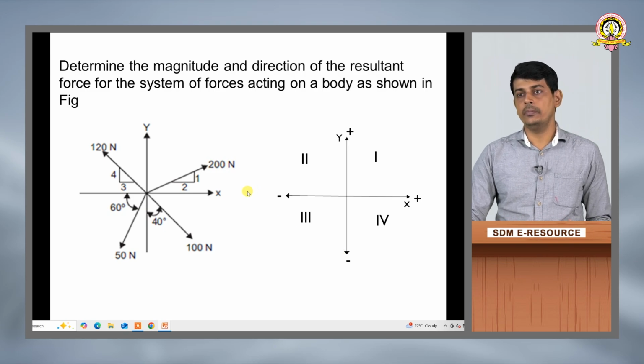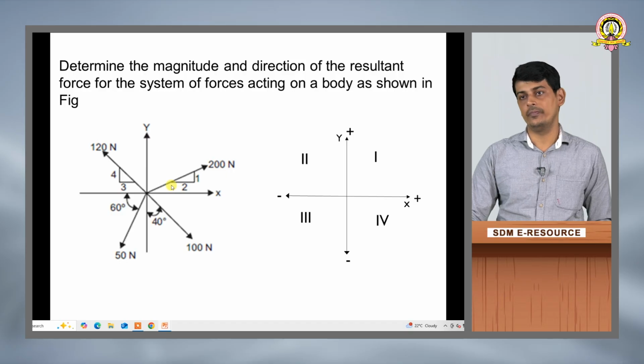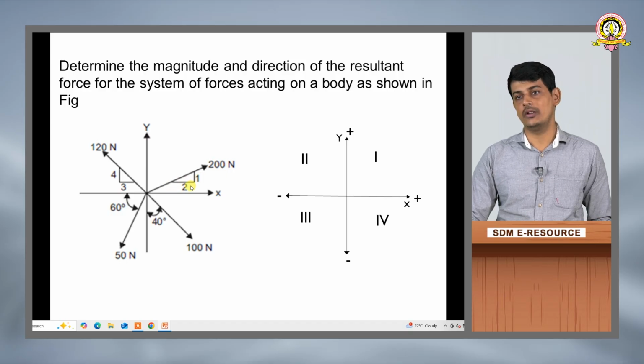The first step in this problem is to resolve all the forces in the horizontal as well as vertical direction. Before that, we have a problem: for the 200 Newton force, they have not mentioned any angle with respect to the x or y axis. Instead, they have mentioned the slope: one vertical, two horizontal. Same thing for the 120 Newton force: four vertical, three horizontal.